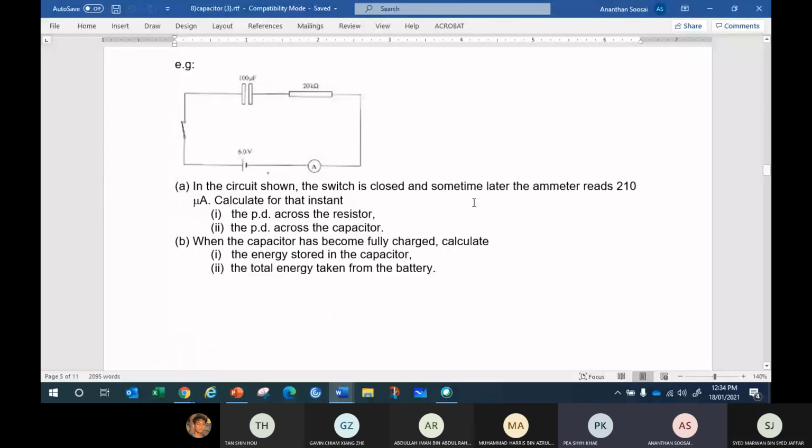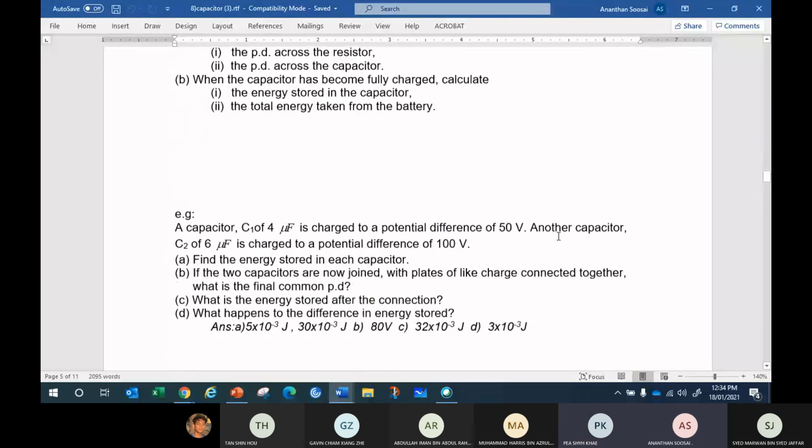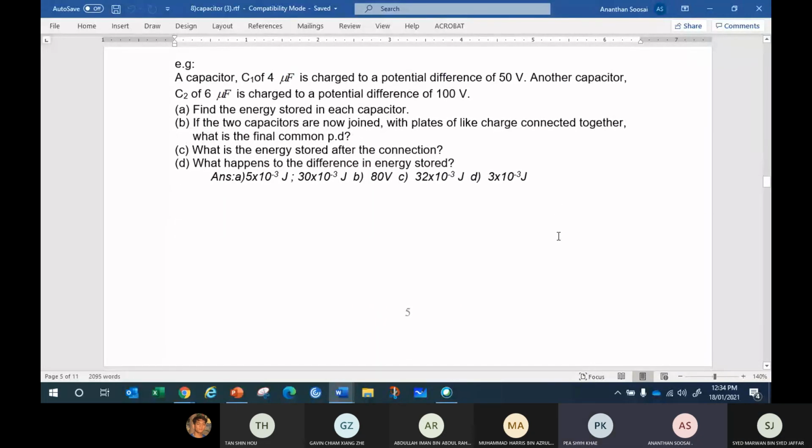Okay, just now from the PowerPoint we did this question. Now, your turn. There is no working given; you need to find the working for this. The answer is given at the bottom here. Come on, guys, use the entire capacitance knowledge you learned, but especially the energy equation.